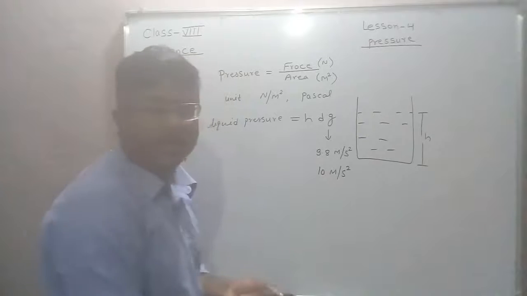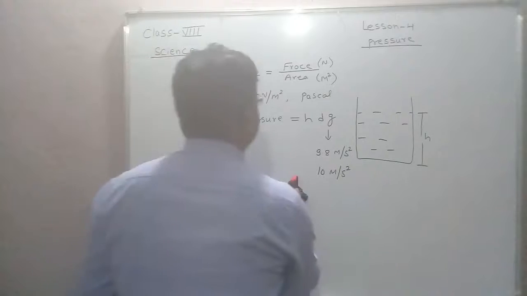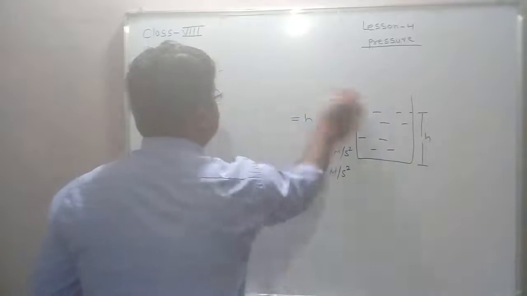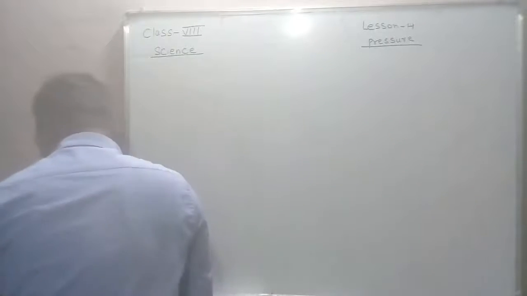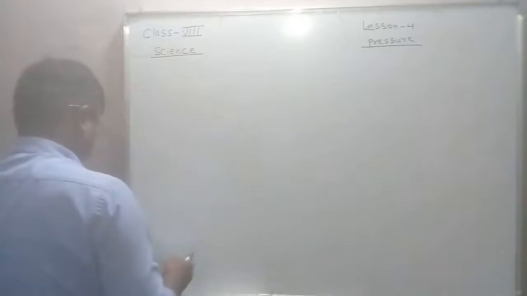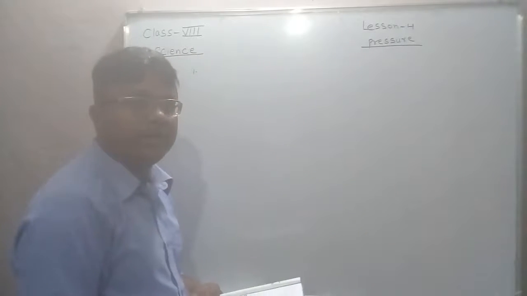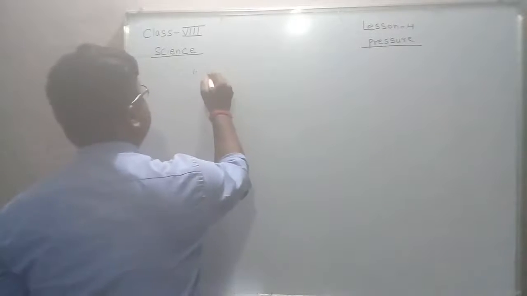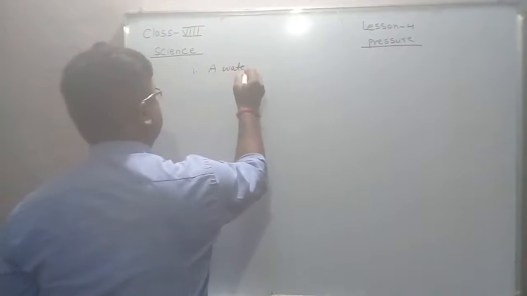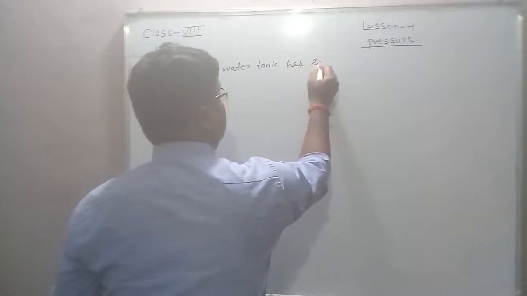today's numerical problem. Our first question is in your book also, page number 37 of your textbook. The question is: a water tank has 2 meter height.